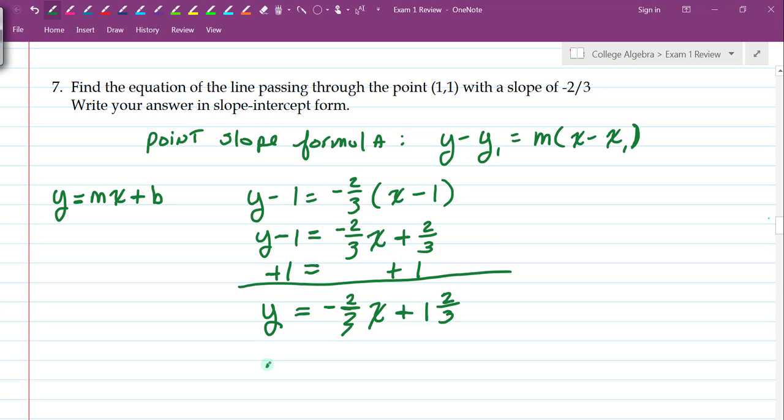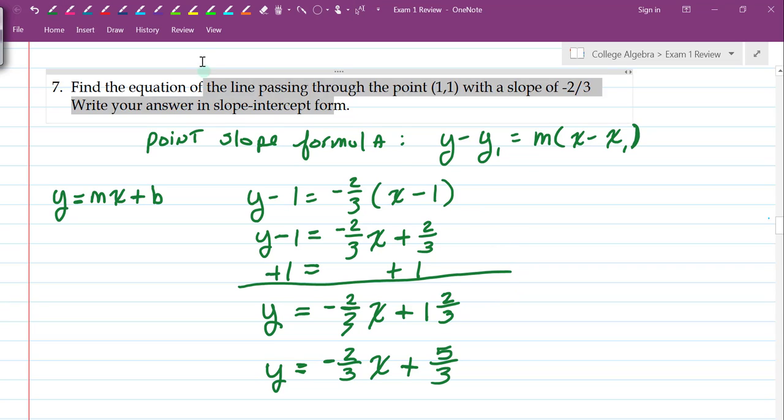So we could rewrite this as y is equal to negative 2/3 x plus 1 2/3, and 1 times 3 is 3, plus 2 is 5, so plus 5/3. Either one of those answers in either one of those forms would give you 100% credit.